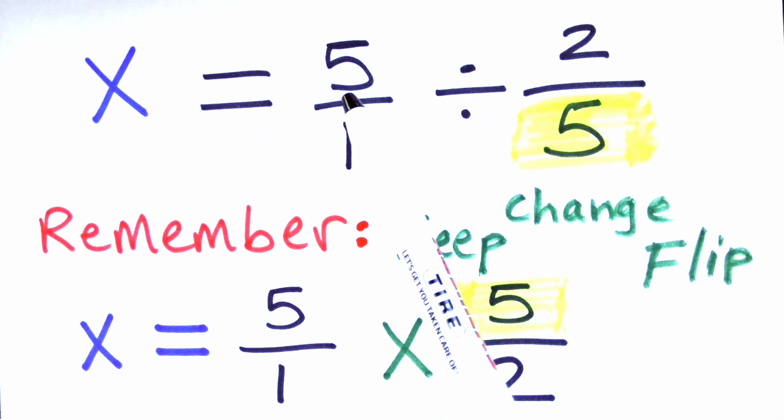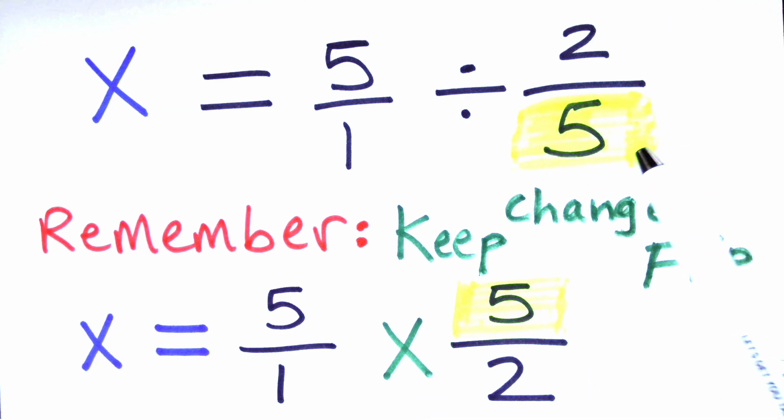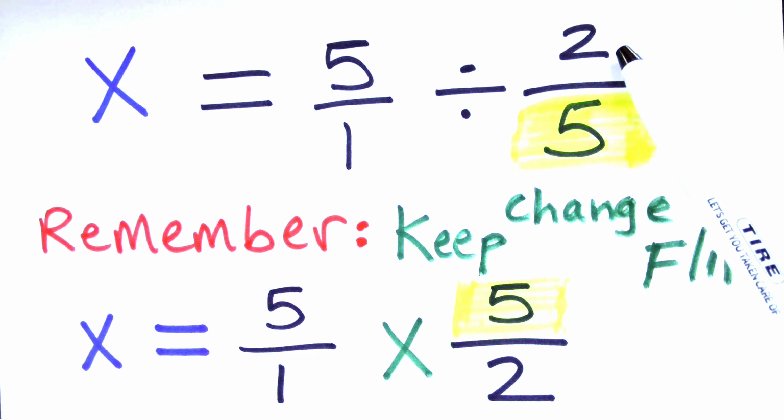So simply we keep, change, flip. We keep 5 over 1. We change division to multiplication, and then we flip the fraction. 5 is now on the bottom, 5 is now on the top. 2 is now in the bottom, or in the denominator's place. 5 is now in the numerator's place.